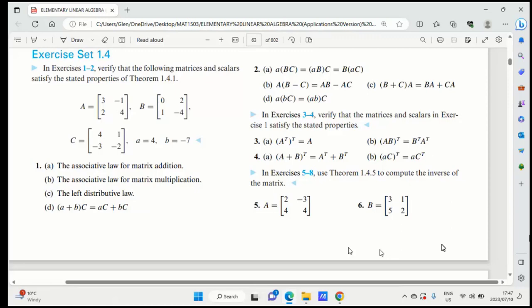Then I said the inverse of A is 1 over the determinant of A multiplied by negative 4, negative 3 on the first row, and then 4, minus 2 on the second row, which is why I got negative 1 over 5 and negative 3 over 20, 1 over 5 and negative 1 over 10.